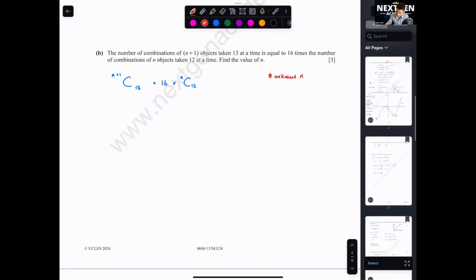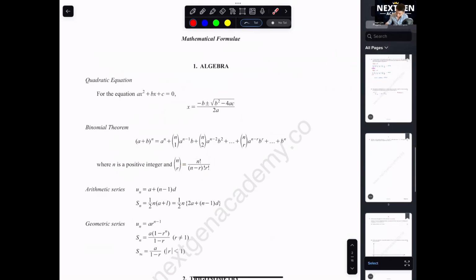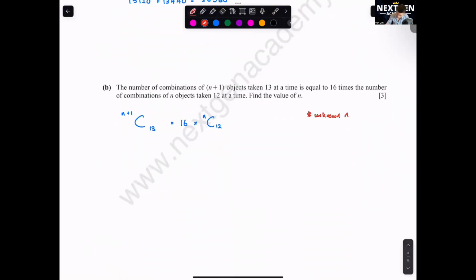If you don't know the formula, you go back to your page 2. You see here, this is your nCr formula: n factorial over n minus r factorial, r factorial. Okay, so you're going to sub that in. You can write down this first.